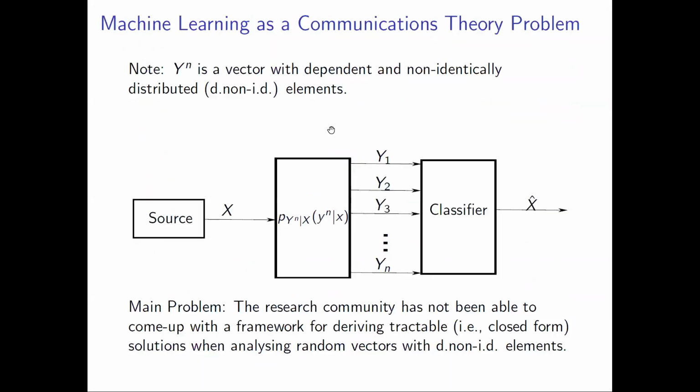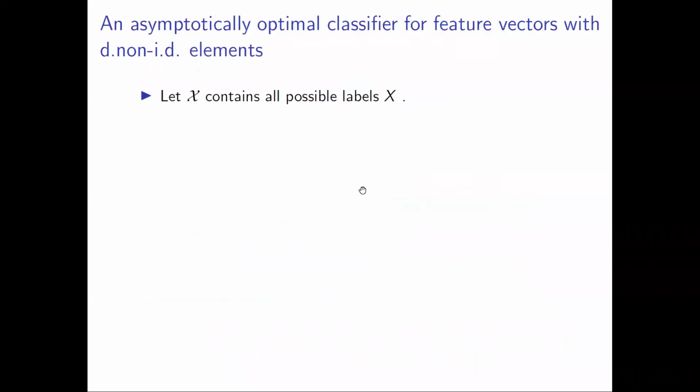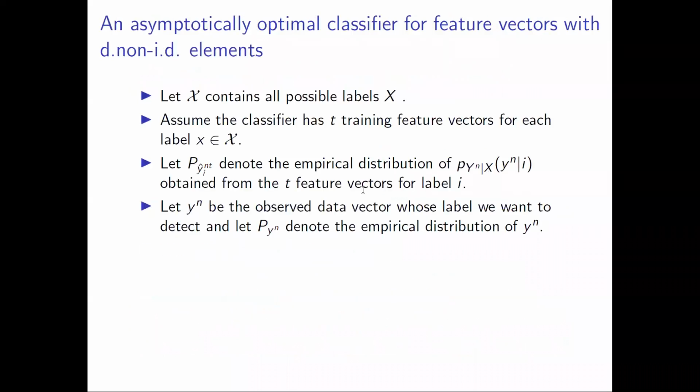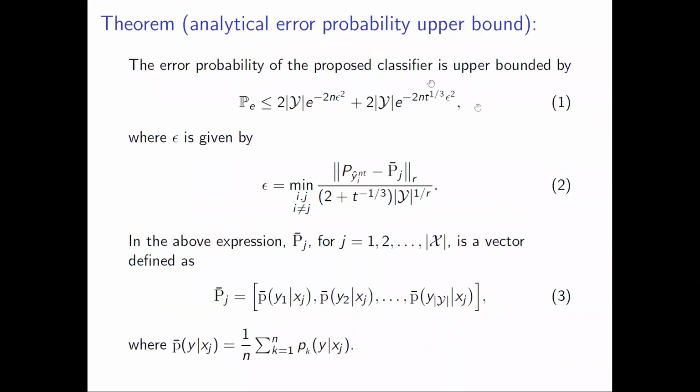Now, this problem was, as I explained, analytically intractable because this distribution is unknown and these elements are dependent. But if we make these elements independent, then we can tackle the problem analytically. At least there is one classifier that we propose. Definitely, there are many other such classifiers which are even much better than this classifier. But for this classifier, we had the following upper bound on the error probability.